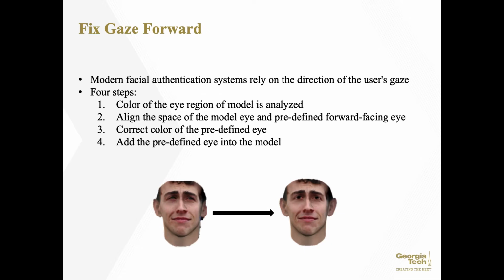The color analyzed from the model is then mapped onto the 3D space of the forward-facing eye. Once the forward-facing eye matches that of the victim's, it is then added back into the model to correct the direction of the gaze.